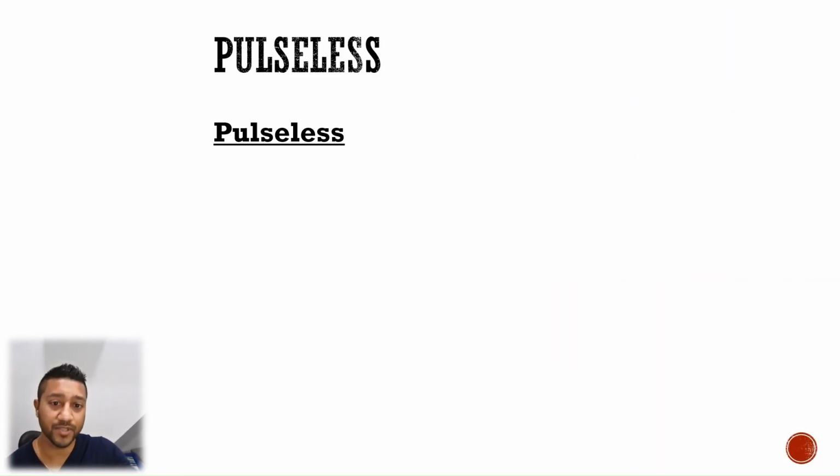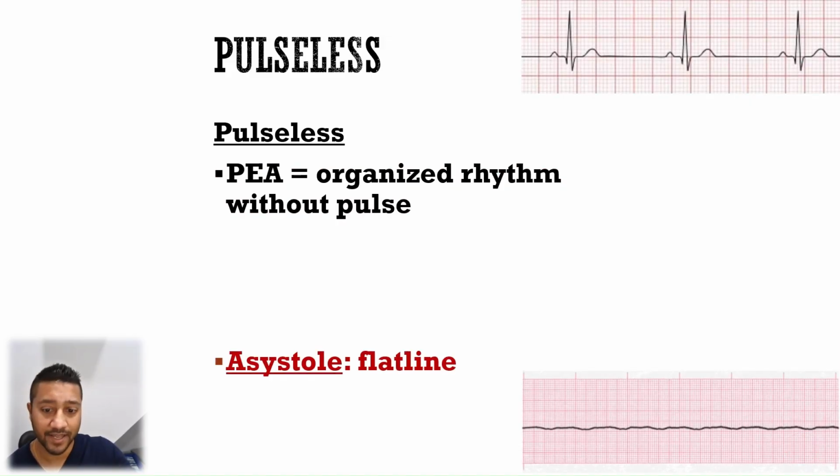The other 2 pulseless rhythms that you need to know about are PEA and asystole. In PEA, you have a patient who's essentially suffered cardiac arrest, but their cardiac conduction system is still trying to give off some final signals in the hope of getting a contractile response, but obviously failing. The rhythm looks normal, but you clearly have a pulseless patient in front of you.